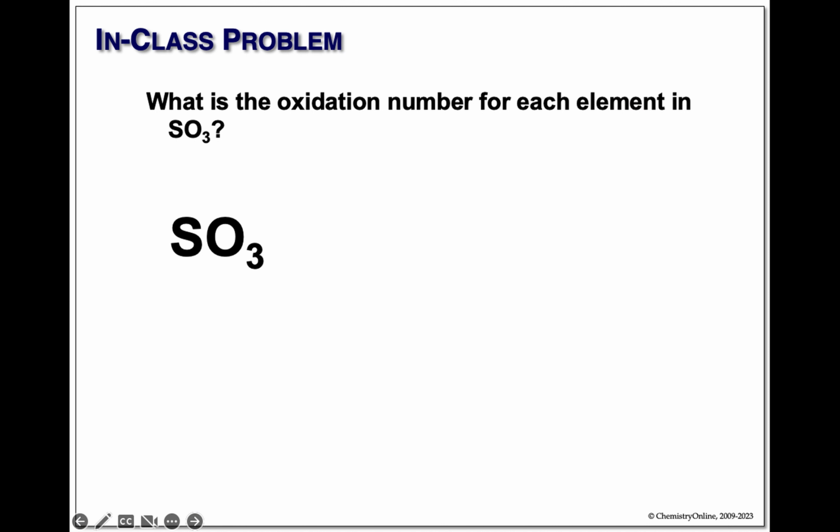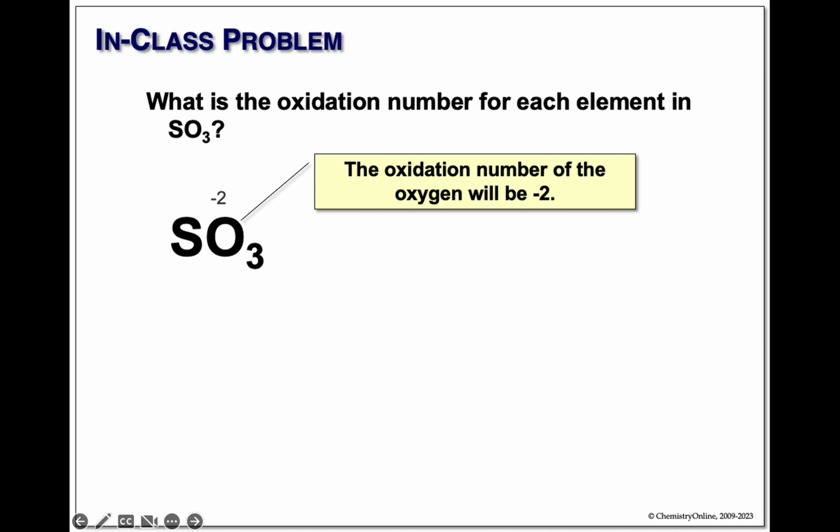This question was actually an exam question once again. SO3, what's the oxidation number for each element? You look at it and you say it has an oxygen. I remember something about that. Oxygen is going to be -2.